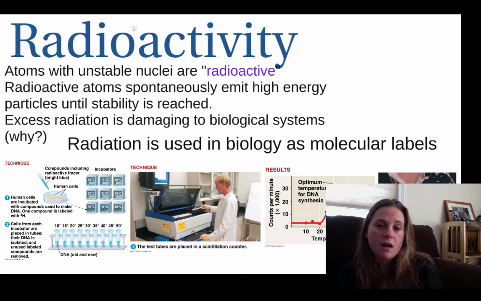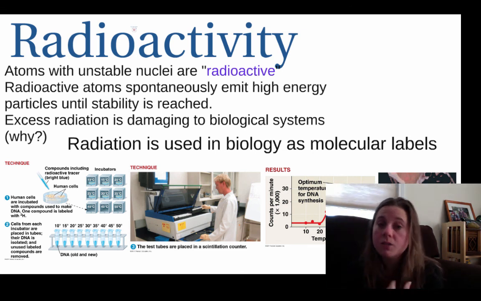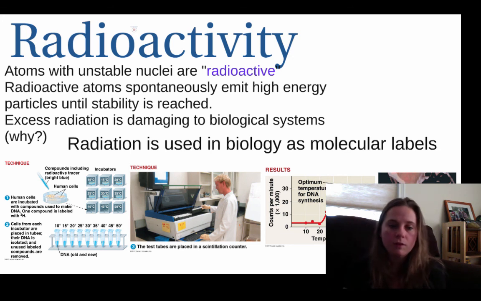So these are ways in which we can use this radioactivity actually to our advantage, and not use it so much as a detriment to living things.